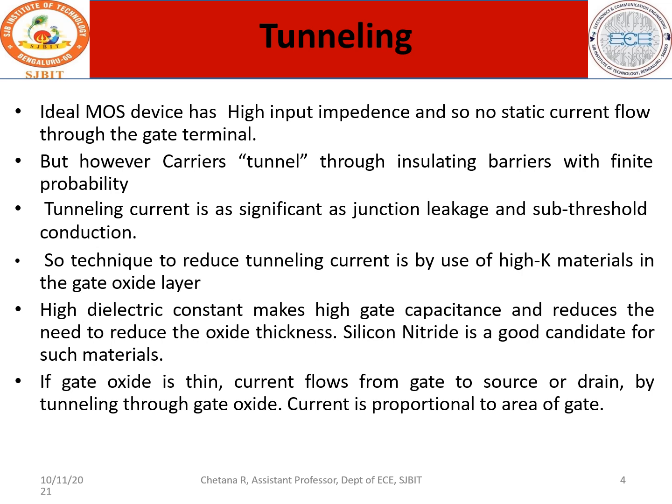So instead of silicon oxide, silicon nitride is a good candidate for such materials. Even if the gate oxide is thin, current flows from gate to source or drain by tunneling through the gate oxide, and therefore current is proportional to the area of the gate. So you can overcome tunneling by using a better insulating layer.